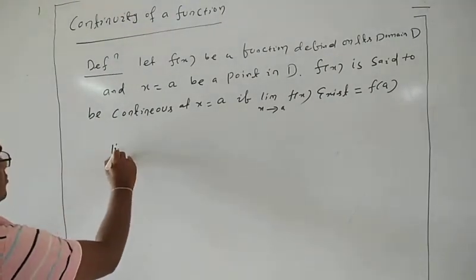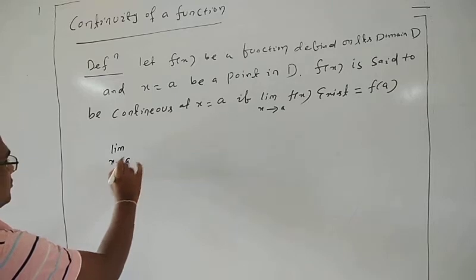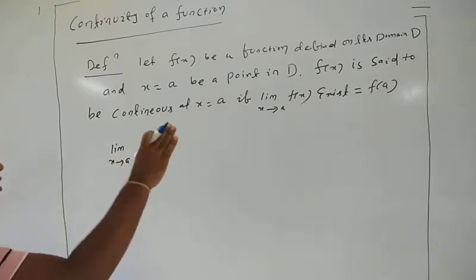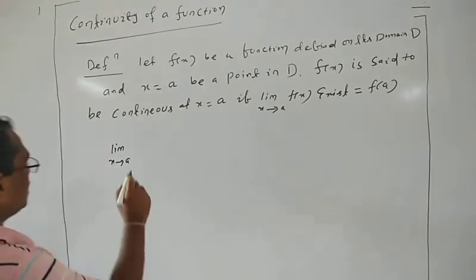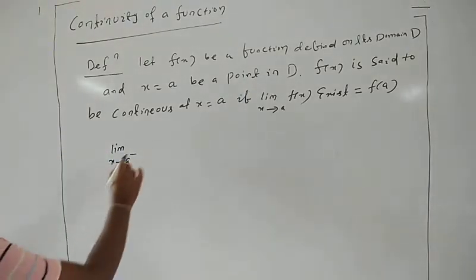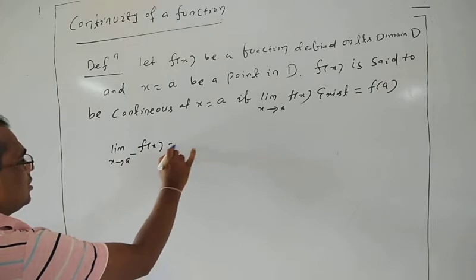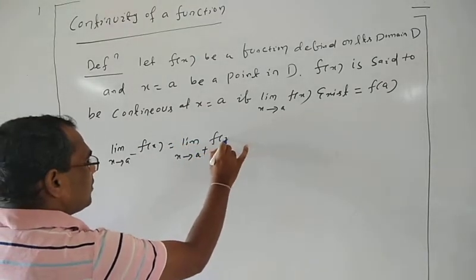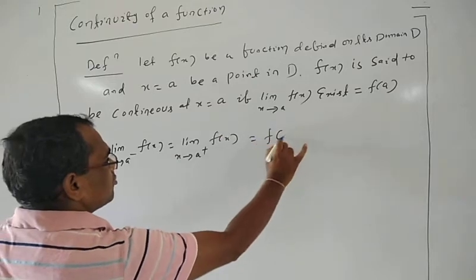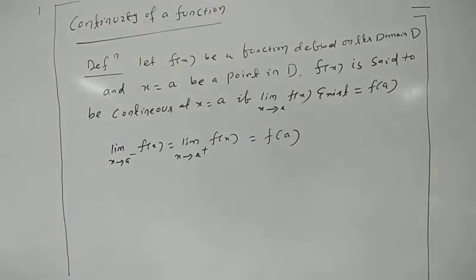The limit as x tends to a of f(x) exists means it has a finite value, or the limit as x tends to a minus of f(x) is equal to the limit as x tends to a plus of f(x) and is equal to the value of the function f(a).